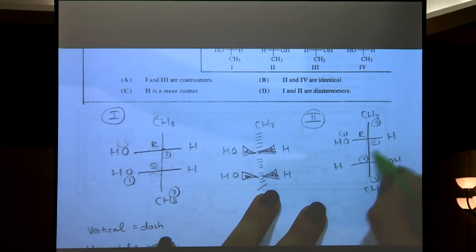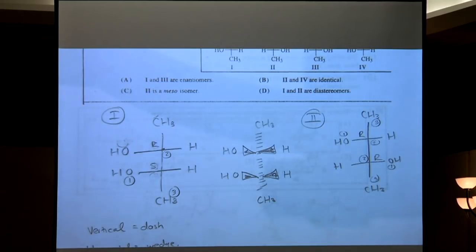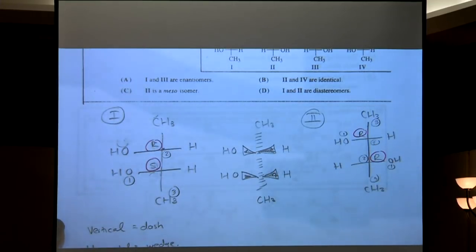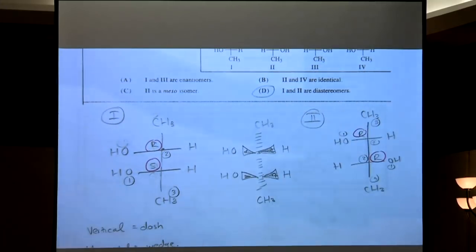Counterclockwise, we flip it, it's R. So if we compare both of them, this one has R and S. This one's RR. So if we're changing only one stereogenic center, what does that mean? Diastereomers. So it should be D.